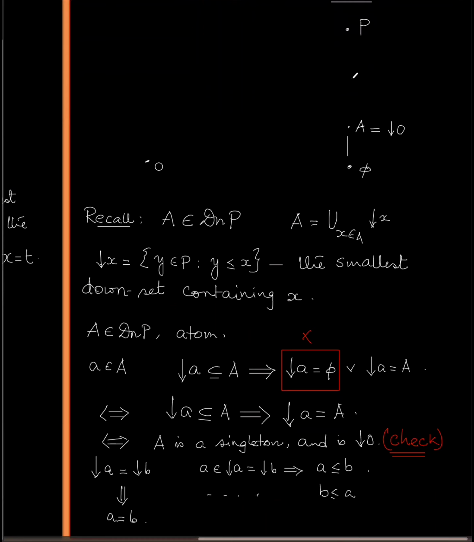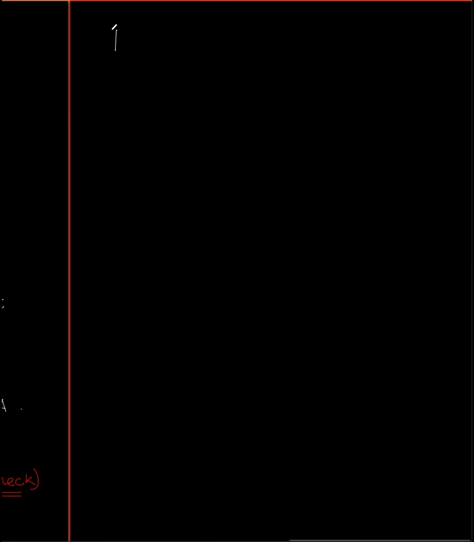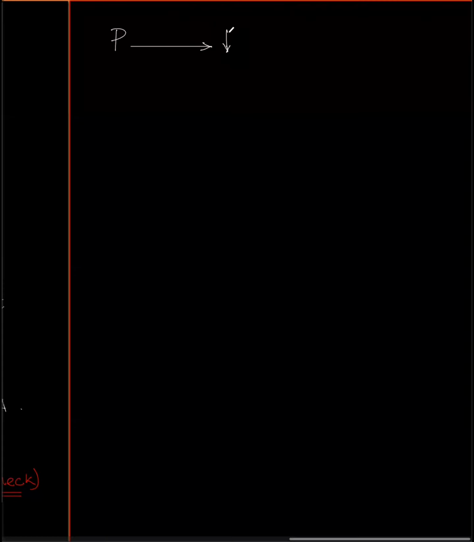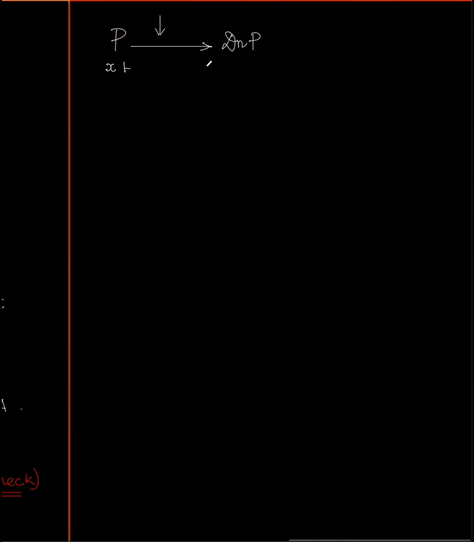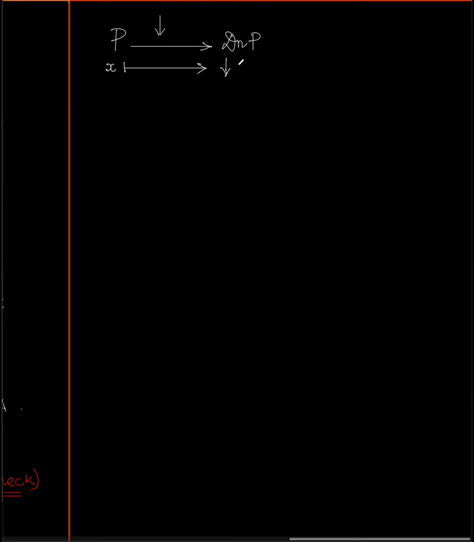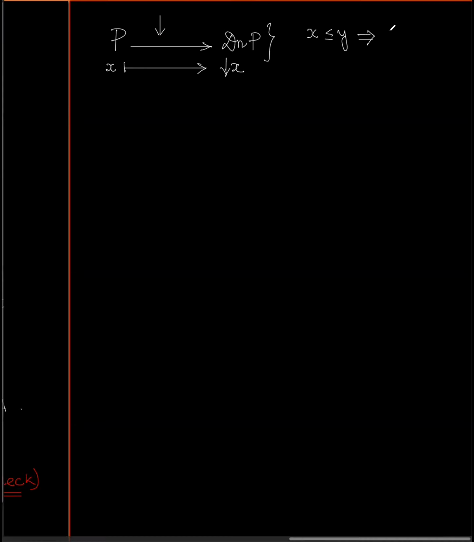So as I was explaining last time, let me phrase it again. So we have this map, and we know that if x is less than or equal to y, this implies this.